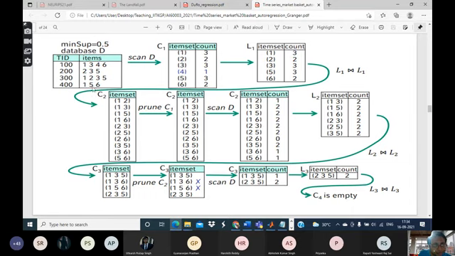You may find that, for example, if you are considering 1 2, it has been purchased only once here. Here 1 and 2 are purchased together, so I note down 1.